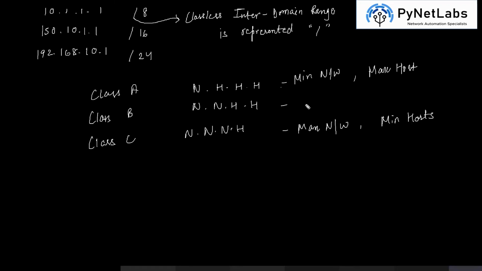And when it comes to class B, here network and host are equal to each other. So this is something you can keep in mind while configuring any network.